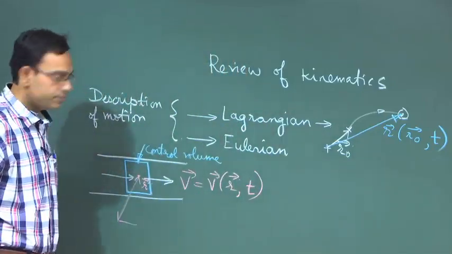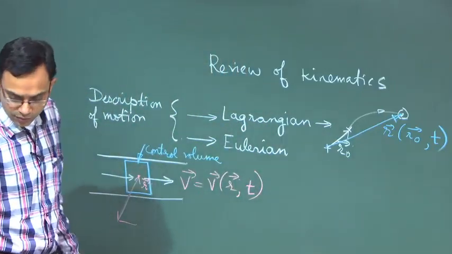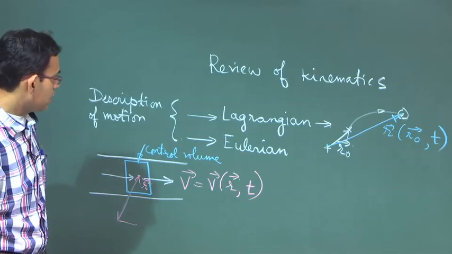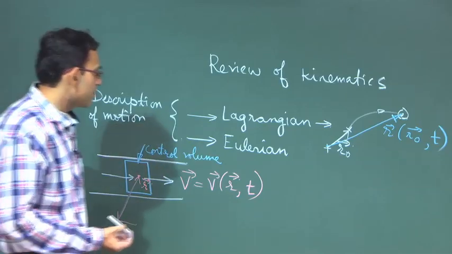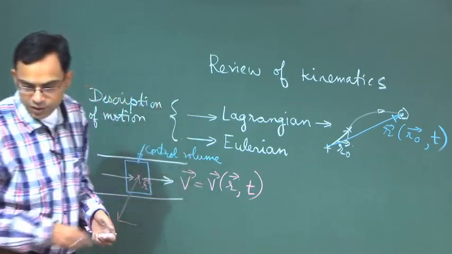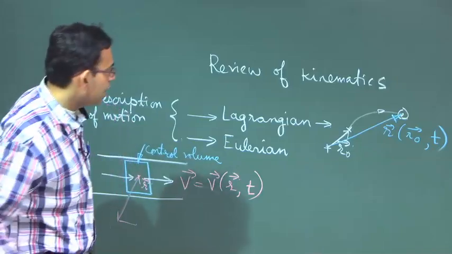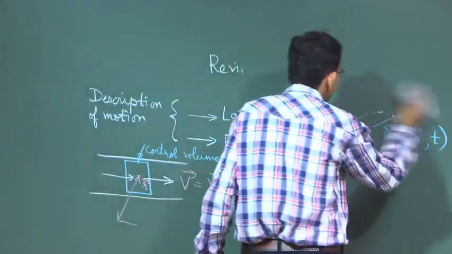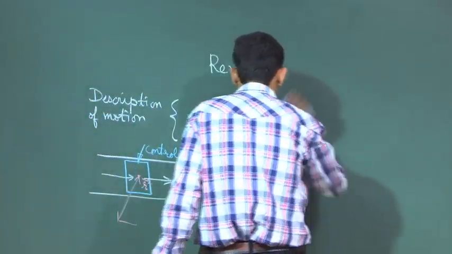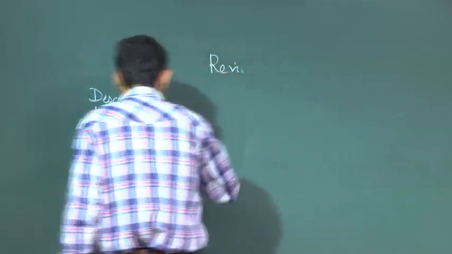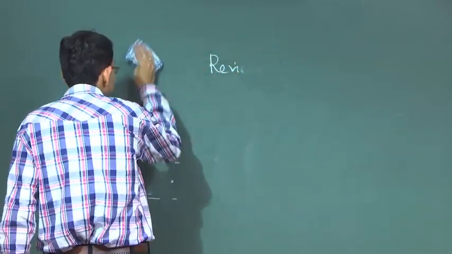So, now the next question is that, given that there is Eulerian and Lagrangian perspective, the next issue is we need to classify different types of flows.